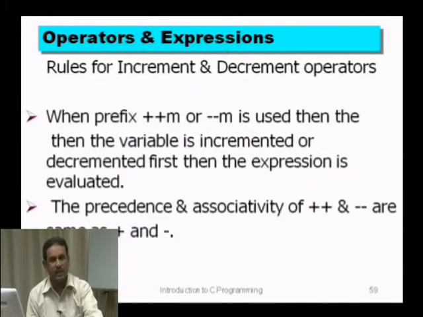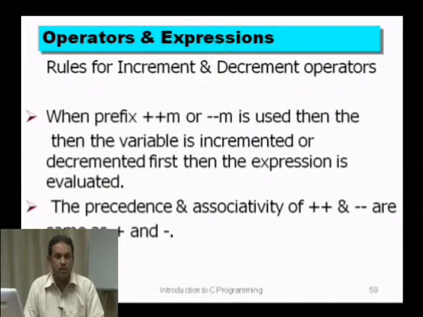Similarly, there are rules for the increment and decrement operator for prefix. What happens in prefix? When prefix plus plus m or minus minus m is used, the variable is incremented or decremented first and then the expression is evaluated. So, in the same example, if the value of m is 10, first it is going to increase the value.